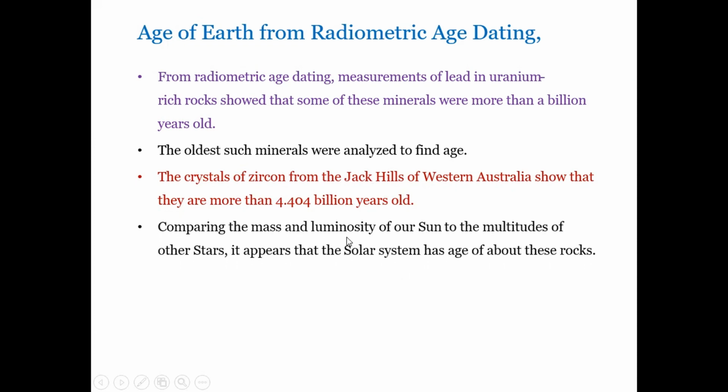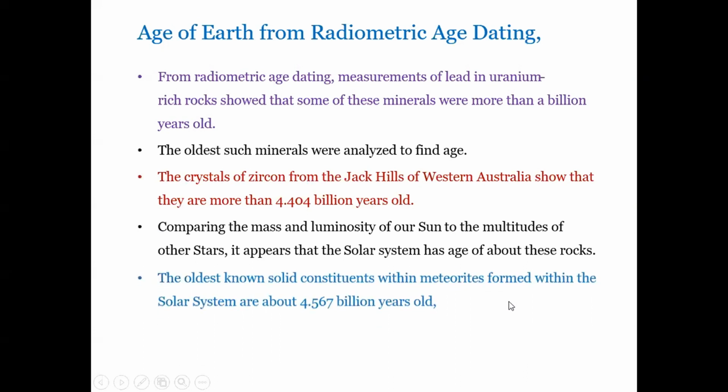Comparing the mass and the luminosity of our sun to the multitudes of other stars, it appears that the solar system has an age of the same value, near that of these rocks. So the oldest known solid constituents within the meteorites formed within the solar system are about 4.567 billion years of age, and that seems to be the age of Earth.